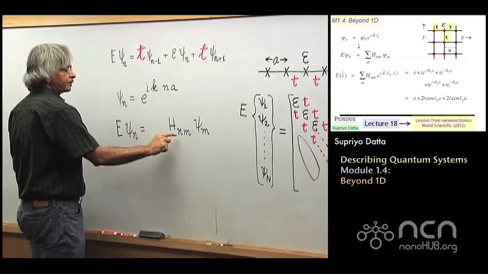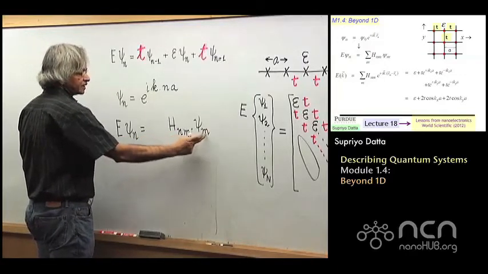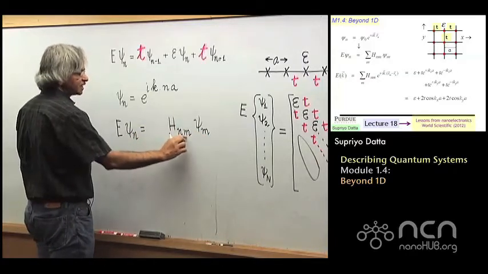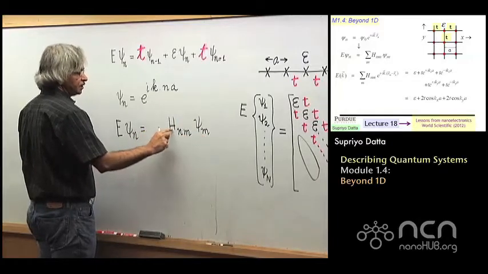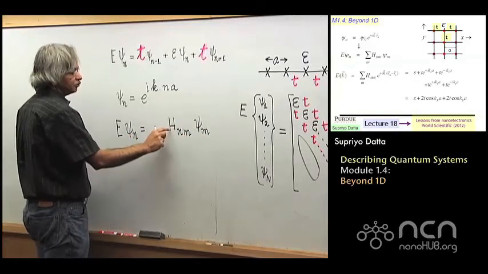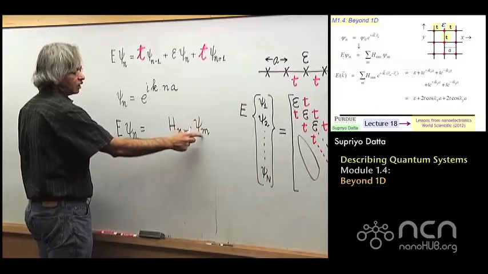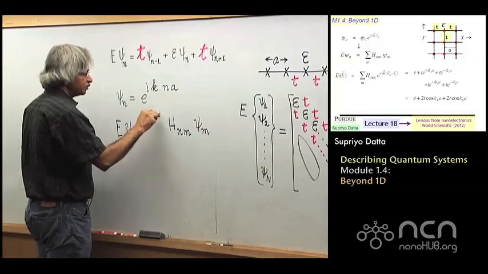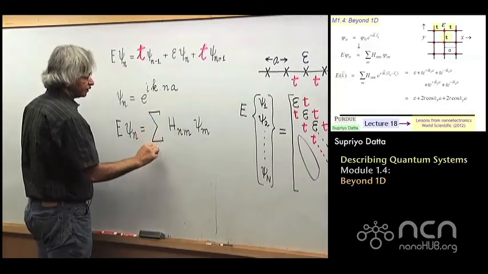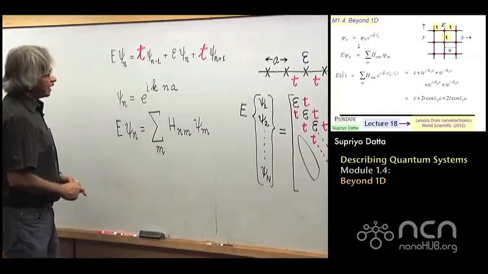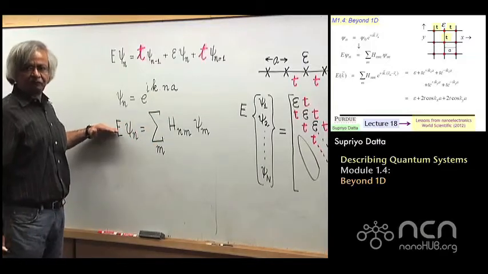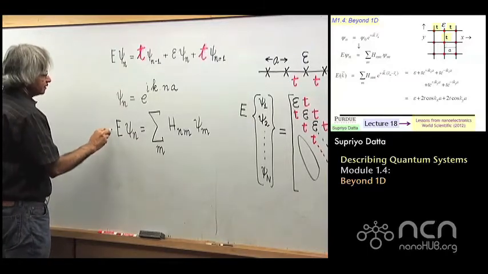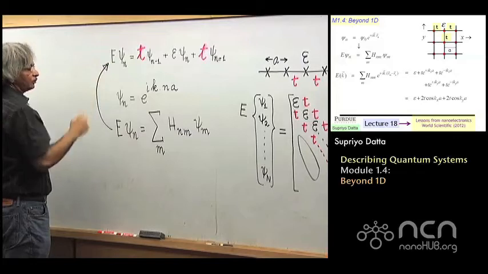This m here, that's repeated, and usually the rule of matrix multiplication is that you sum over m. That means for a given n, what you do is you write h n 1 psi 1 plus h n 2 psi 2, etc. So that's what you denote by this summation sign in front. And this would be a general form of the equation, which in our special case becomes what we wrote before.